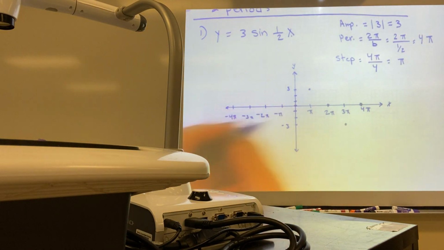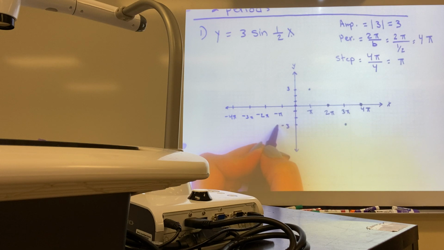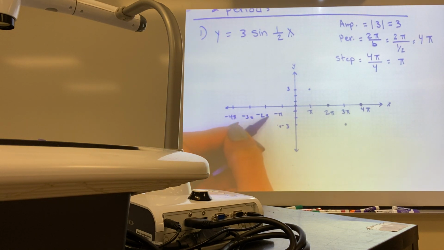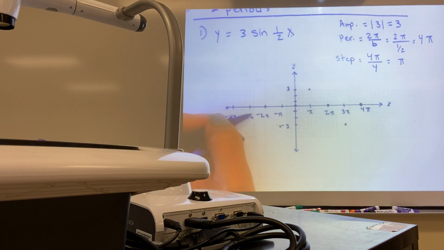Okay, on the other side, 0 is still 0, when it's -pi, it will go down to -3. And when it's -2 pi, this will go to 0. Sine will be 0. And for -3 pi, it will be a, which is 3. And for -4 pi, sine will again be 0.